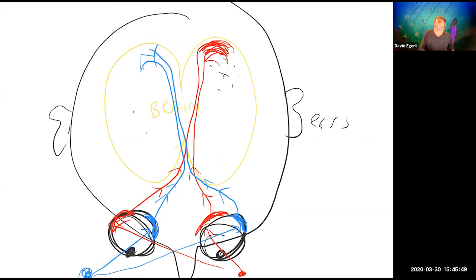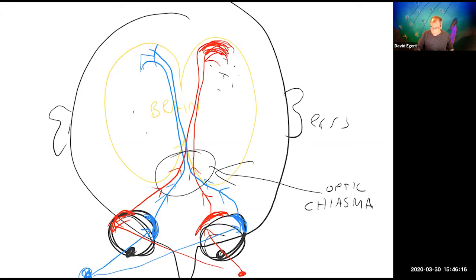So when you actually, in anatomy, I'm sure you remember, if you actually look at where the optic nerves enter the brain, they create what's called the optic chiasma. Let me slow down here. If you look at the optic nerves coming in from each eye, they kind of just create this X and continue on into the brain.